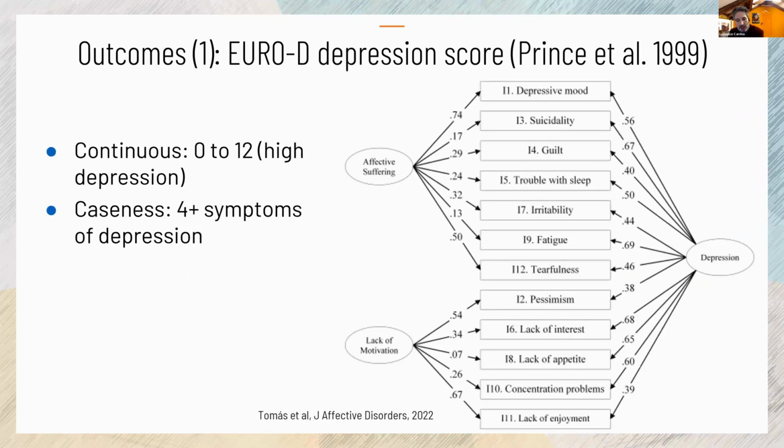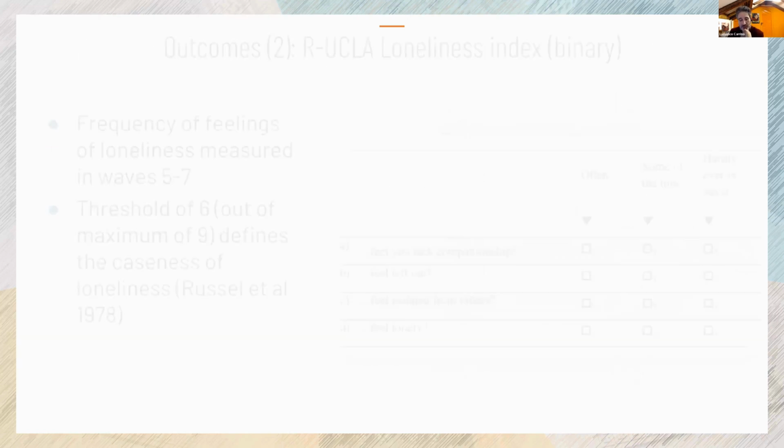Our measure of depression comes from the Euro-D variable, which is a clinically validated measure of depression, introduced by Prince and others in 1999. This is a sort of continuous variable. Actually, it comes from self-reported answers that people give to 12 questions in the SHARE survey. This variable also comes in a caseness version, a binary indicator that captures clinical relevance of the depression condition.